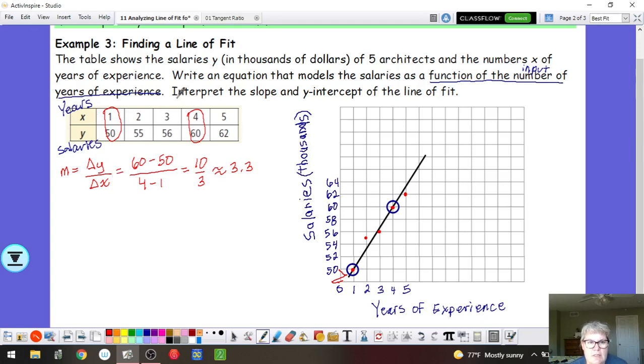So we have this interpret the slope portion of our directions. So I can say the slope increases $3,300 per year. That takes care of interpreting the slope.